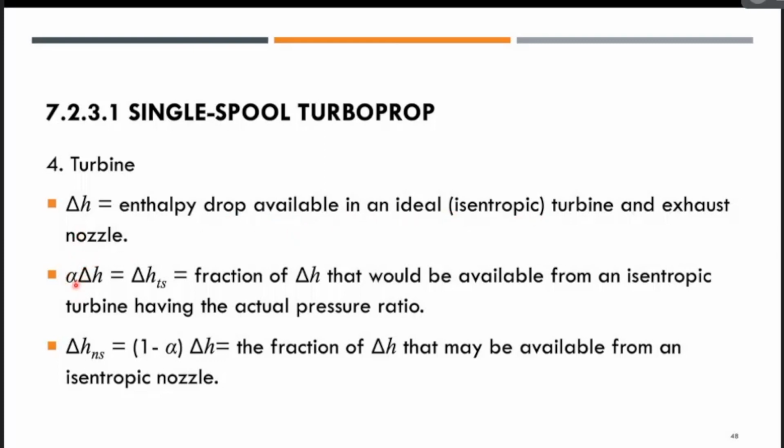Alpha delta H, which is equivalent to delta HTS, is the fraction of the enthalpy drop that would be available from an isentropic turbine having the actual pressure ratio. And finally delta HNS is the fraction of the enthalpy drop that may be available from the isentropic nozzle.